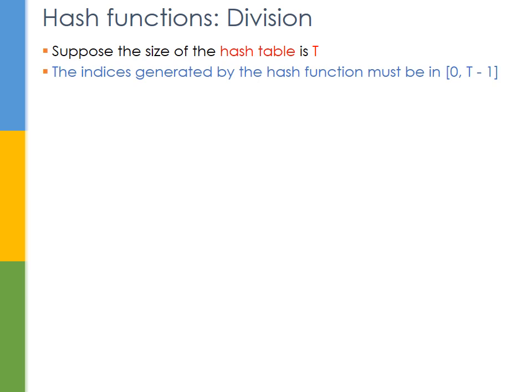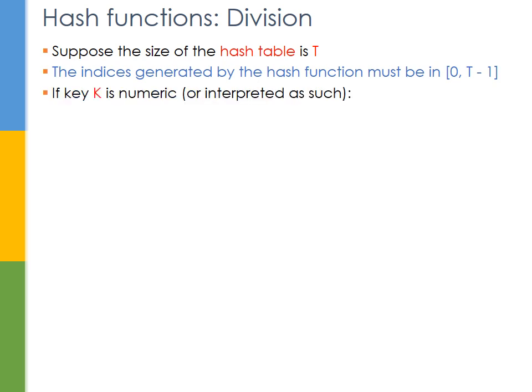So if I know how many users I expect, how many items, how many keys I want to store, I already know that whatever the hash function generates, those indices must be in the range between 0 to t minus 1. Otherwise, it will be out of bounds.